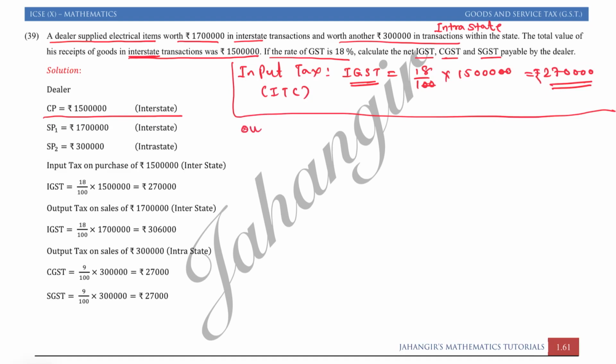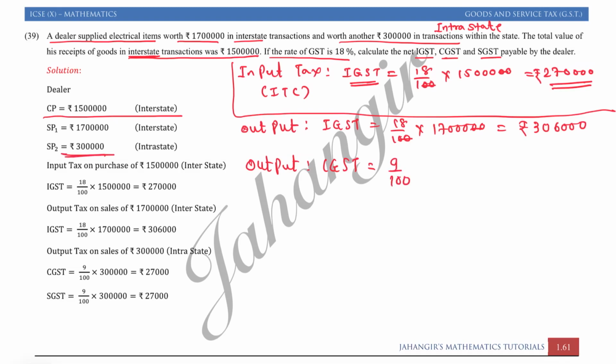Now output. In output we have 17 lakh in interstate. So again output IGST, that is 18% of 17 lakh. 18 into 17 is rupees 3 lakh 6,000. Then again another output is CGST, that is 9% of another sale of 3 lakh rupees. So in short 15 lakh goods he had sold for 20 lakhs.